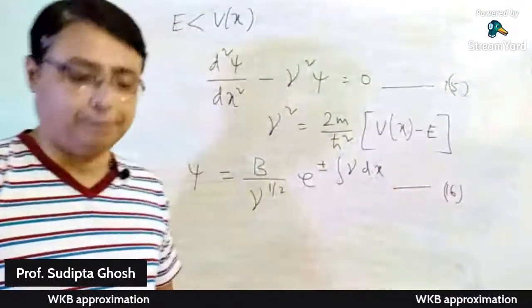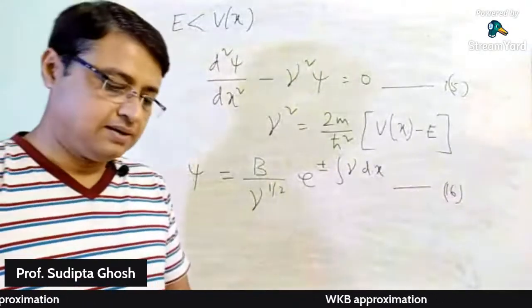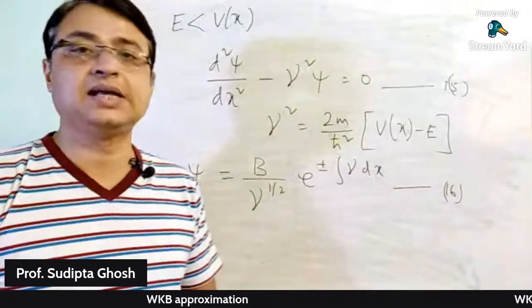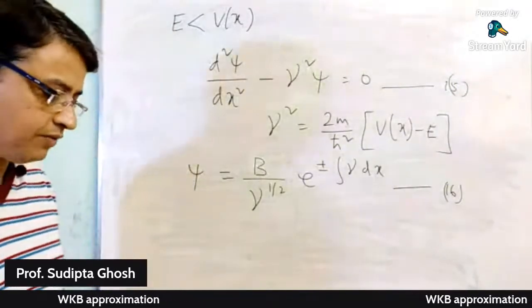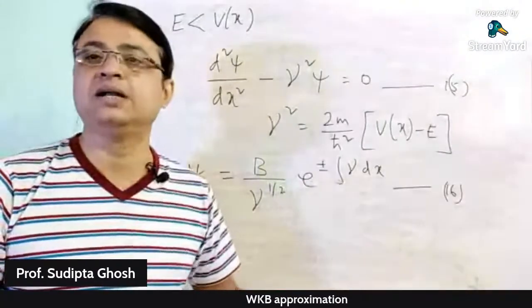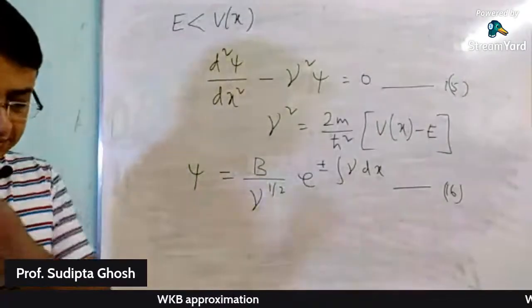Now here also B is a constant, and I can tell you that the most general solution is a linear combination of the two terms, one with a positive sign and the other with a negative sign.